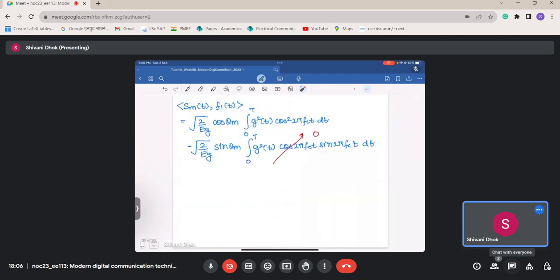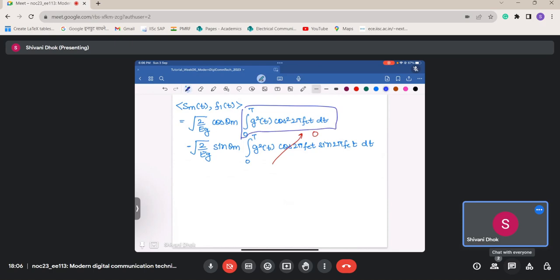Okay, so this integral comes out to be Eg by 2.